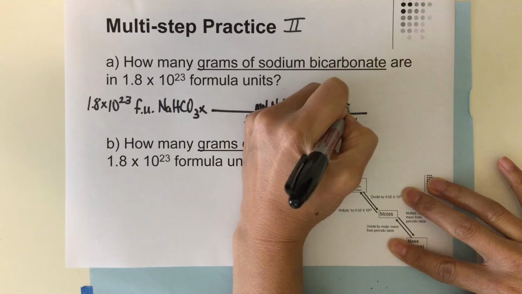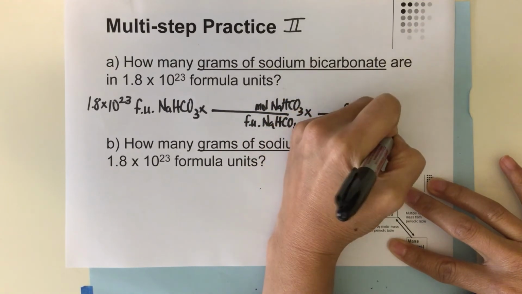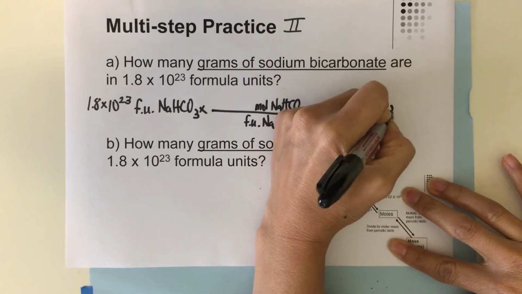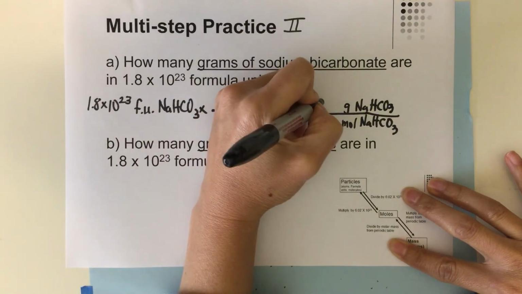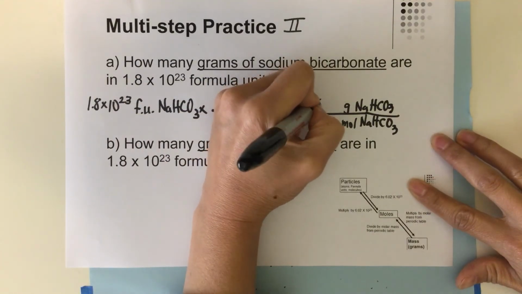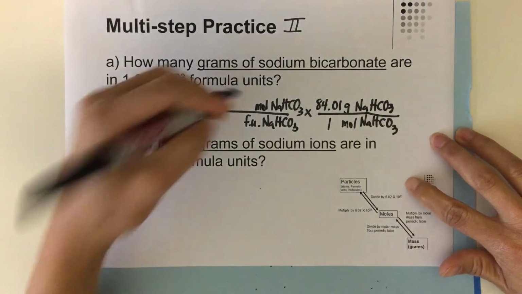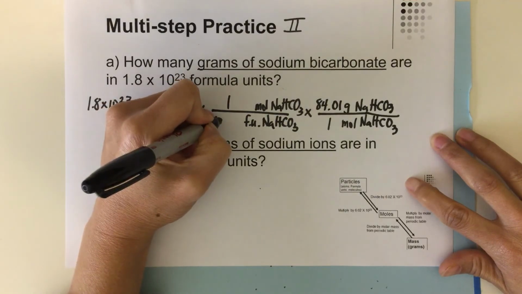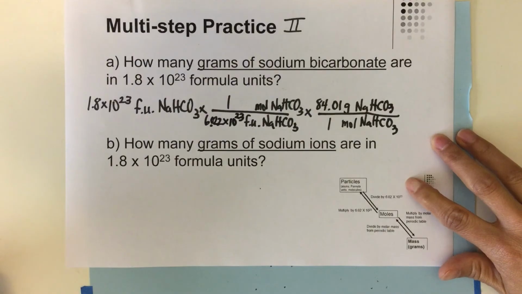So we can go from moles of sodium bicarbonate to grams of sodium bicarbonate. The molar mass of sodium bicarbonate is 84.01, looking that up on the periodic table. 1 mole has 6.022 times 10 to the 23rd formula units.